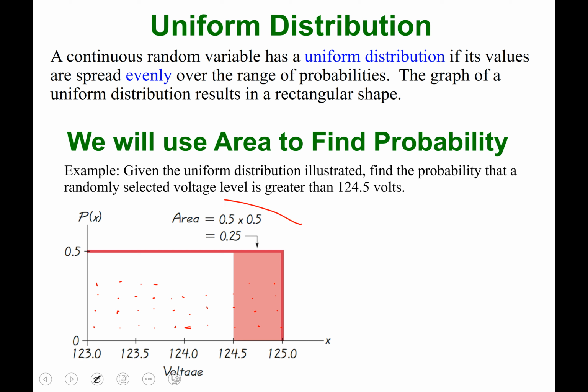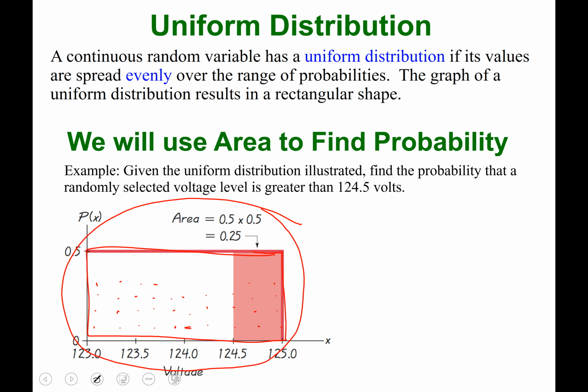All right, we know that all the data is contained in this rectangle. So had they asked us the probability of randomly selecting a voltage level and it being in this large rectangle, our answer would be 1 because it is certain to occur. But they're not asking us for the whole thing. They're asking us about 124.5 or greater.